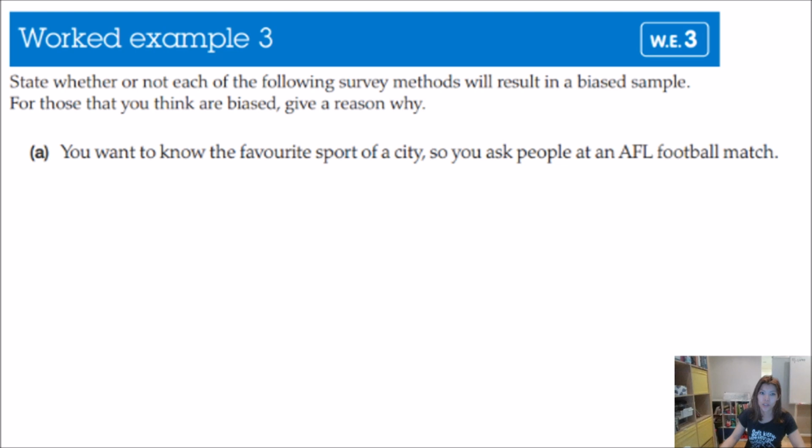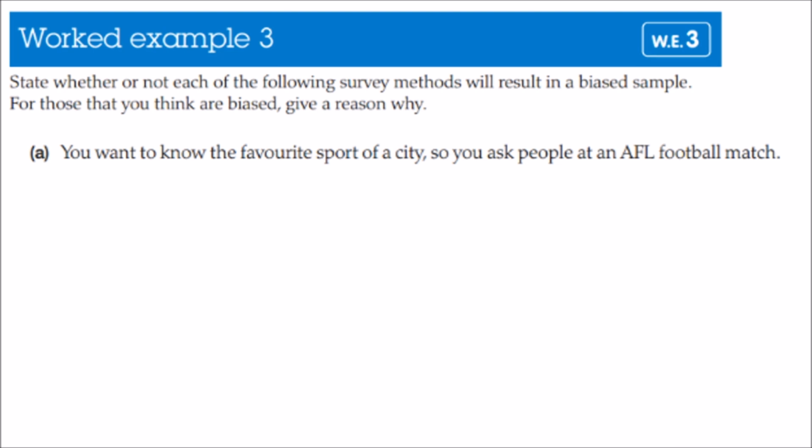State whether or not each of the following survey methods will result in a biased sample. For those that you think are biased, give a reason why. You want to know the favorite sport of a city, and then you go and ask the people at the football match. Now, as you can see, the people at the football match will probably like football.